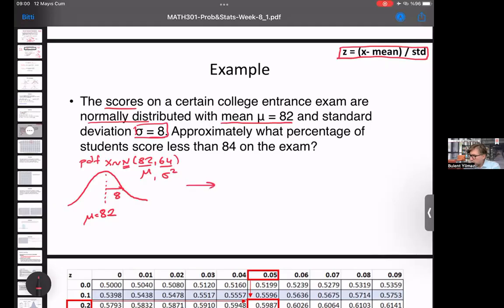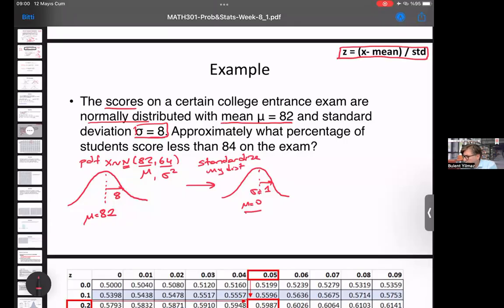I need to change this into a zero mean and 1 standard deviation distribution type. I want to standardize my distribution, from an 82 mean to 0 mean, and from 8 sigma to 1 sigma.